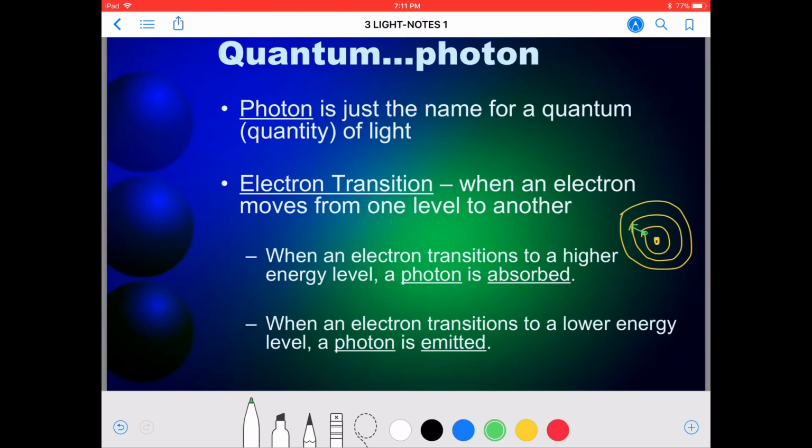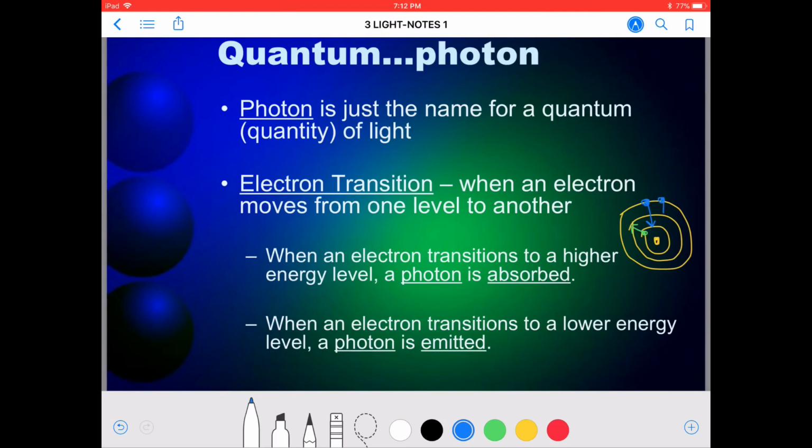So when it goes up to a higher energy level, that means it's moving away from the nucleus, and a photon has to be absorbed into the atom. Now, if I were to go the other way, and I start with my electron on this higher energy level and I come back down, it doesn't always have to go to the ground state, or the first energy level.